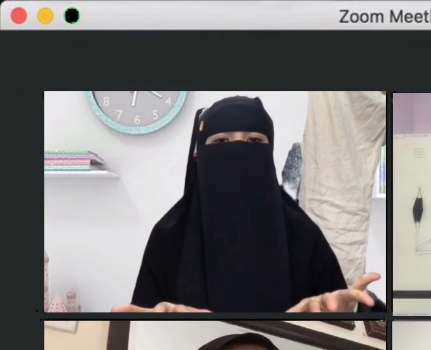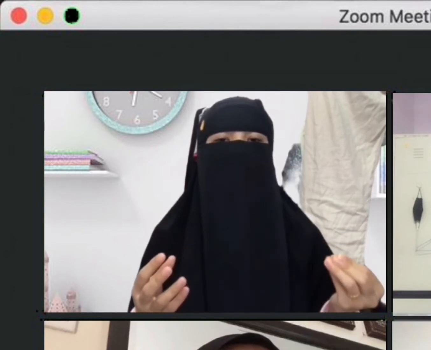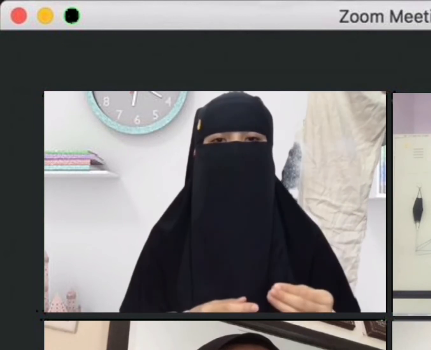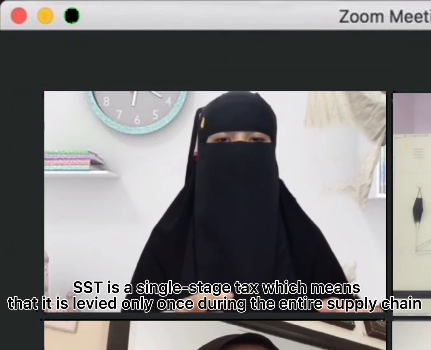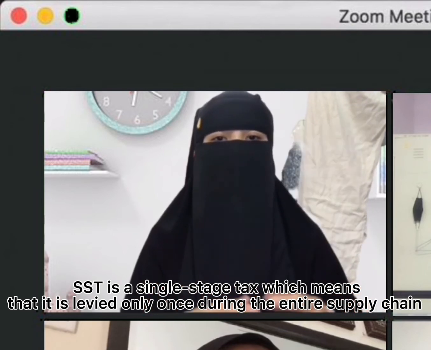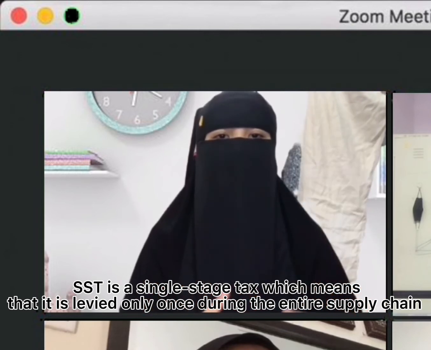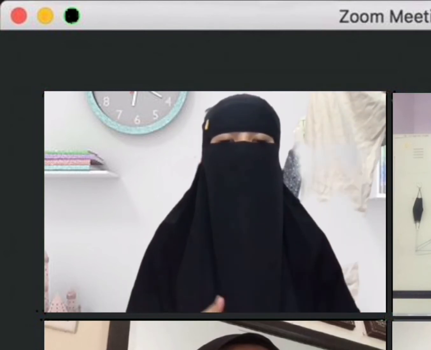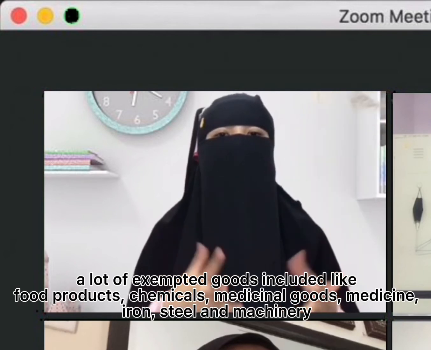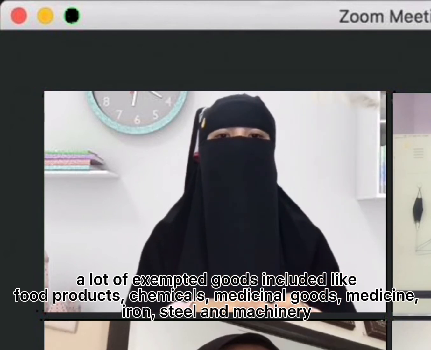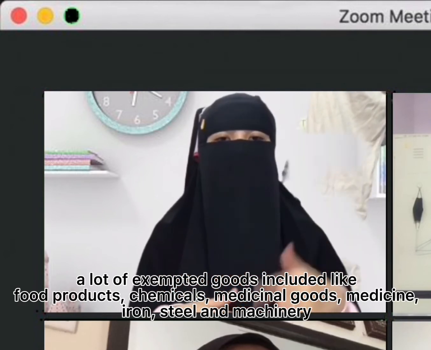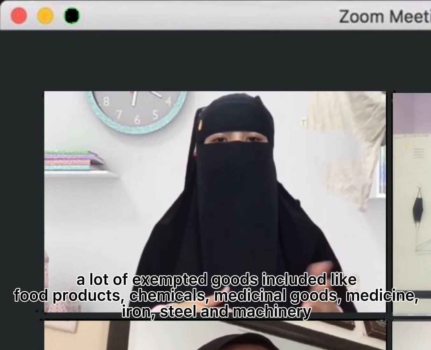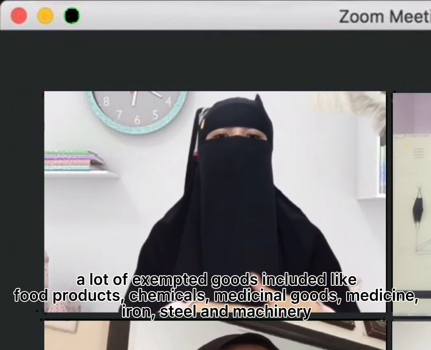Here are some of the significant points about SST that we might want to know. SST is a single-stage tax, which means that it is levied only once during the entire supply chain. Besides, under this new indirect tax system, there are a lot of exempted goods, like food products, chemicals, medicinal goods, medicine, iron, steel, and machinery.